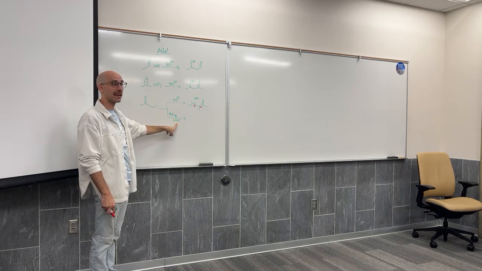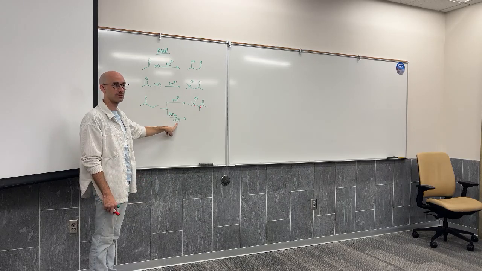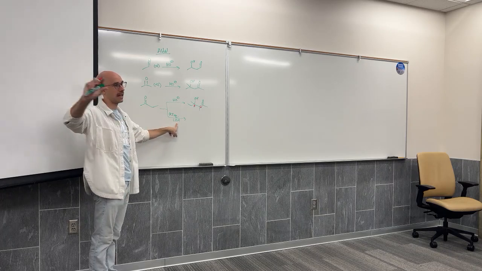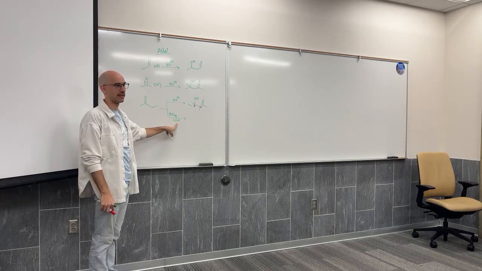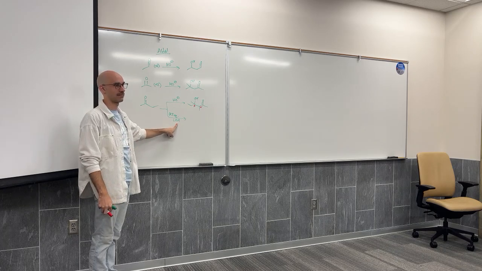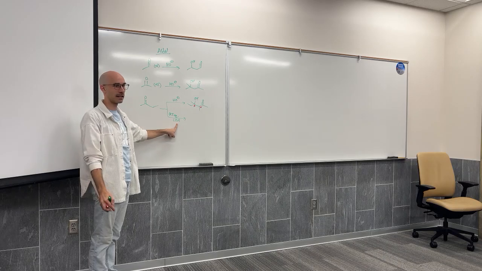How good is LDA at making an enolate from this ketone in solution? Was like 99%. For which one? LDA. LDA takes that ketone and makes more than 99% of it into an enolate. That's basically complete enolization. Every single molecule of ketone is now an enolate.